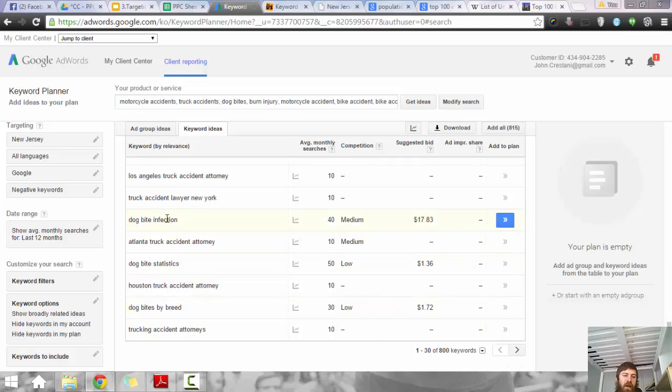So dog bite infection, there's a good one. So if somebody got a dog bite, they could sue somebody.